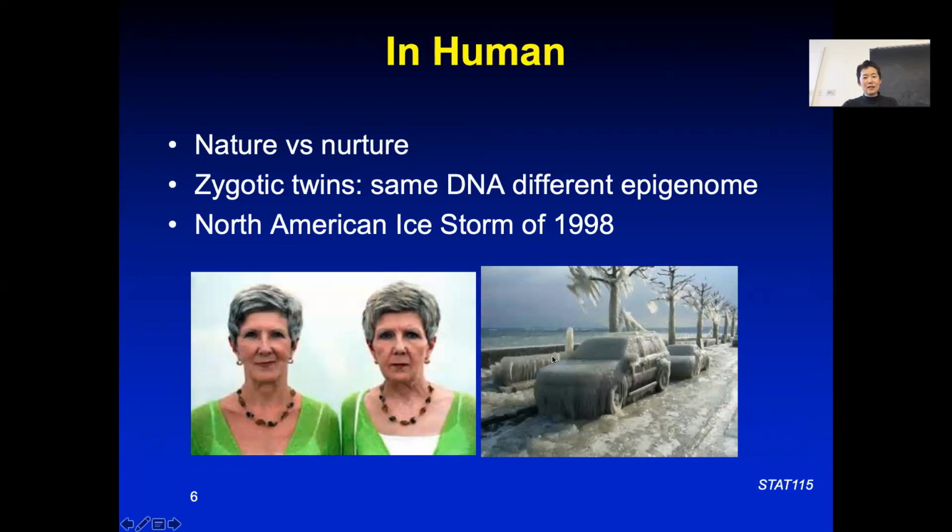In fact, there is one study showing in 1998, there is a big ice storm in Northern America, in Canada. For a week, they lost the power and it was quite chaotic. And many years later, there are epidemiology studies showing that the kids that were the fetus at that time, later on the mom had their regular births, the kids were growing up.